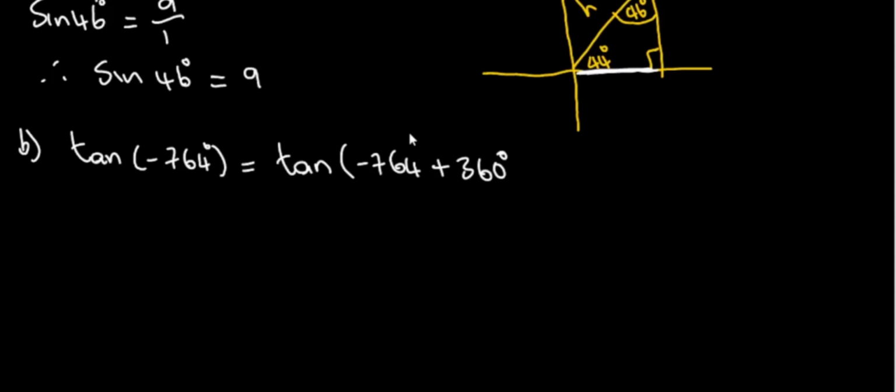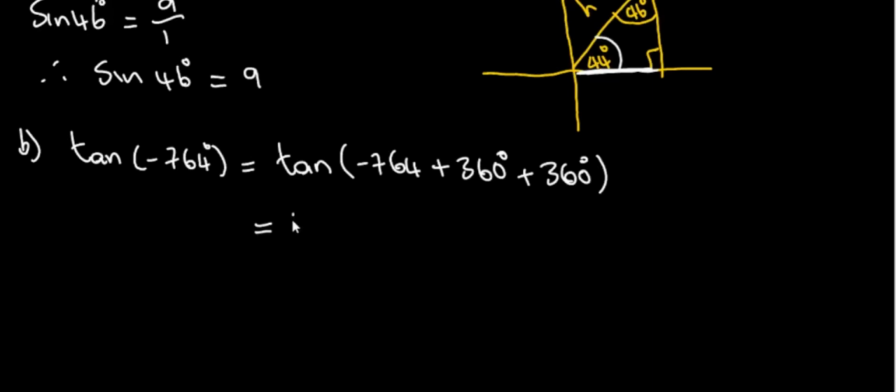So we're going to say minus 764, we're going to add 360. This gives us negative 404. So on that negative 404, we need to add 360 degrees again. Then look at what you get. You get minus 44. And remember, we have 44 degrees in that triangle, so we can work with that.